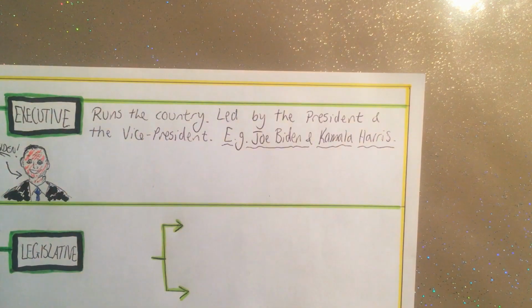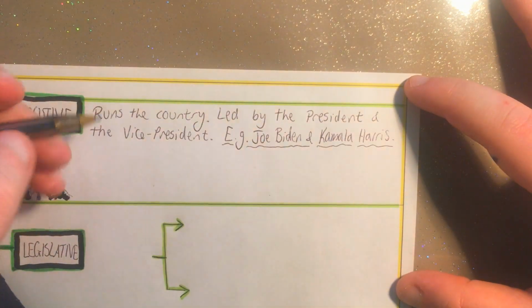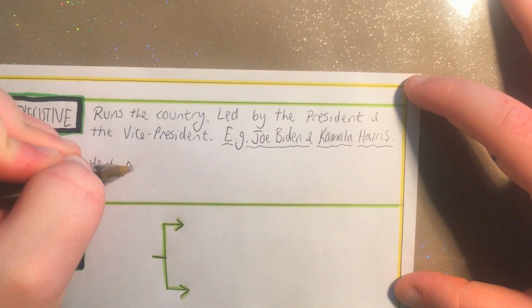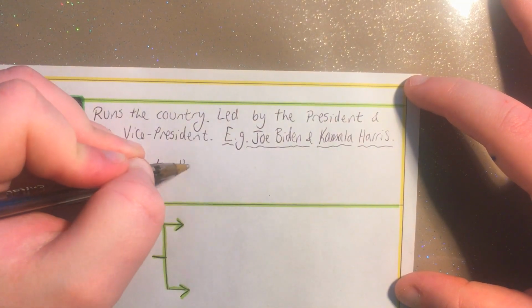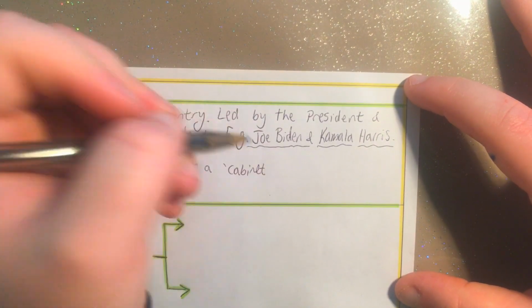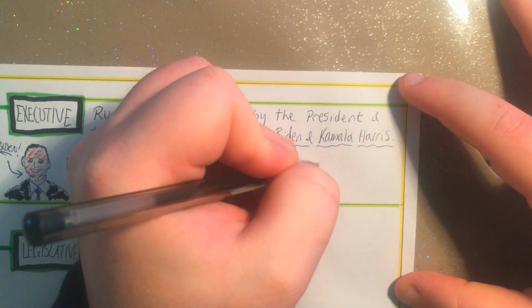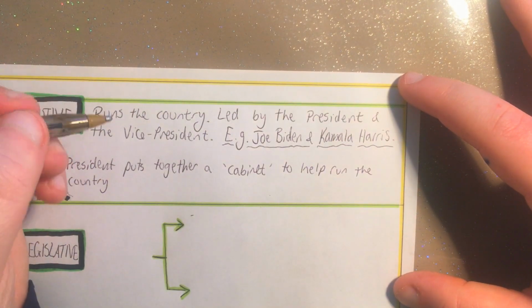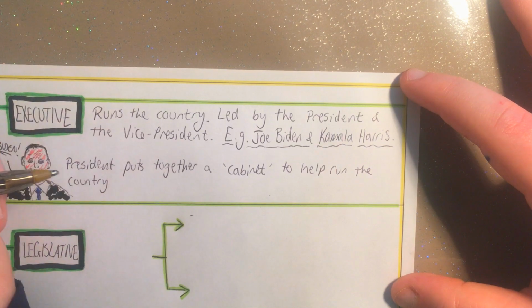So we've got the president and vice president, and they also put together a cabinet, which is a group of people to help run the country, and they do the most important roles. So it's not just the president and the vice president, their cabinets are included in the executive, so lots of positions get filled in.